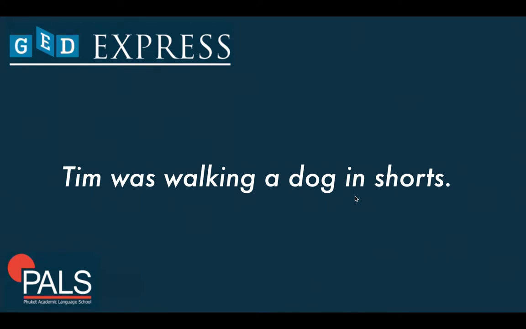It's not exactly 100% wrong or that it doesn't make sense at all. It's just that it's not exactly what the writer is trying to communicate. Because what the writer is trying to say is that Tim, who was in shorts, was walking a dog, right? So I think that makes more sense. Again, it's not that it's 100% wrong, it's just that this makes more sense this way.